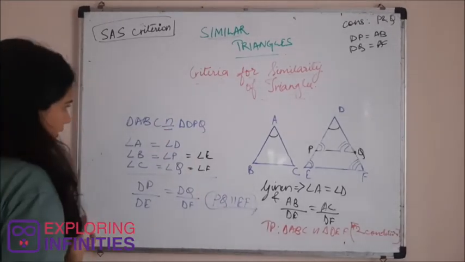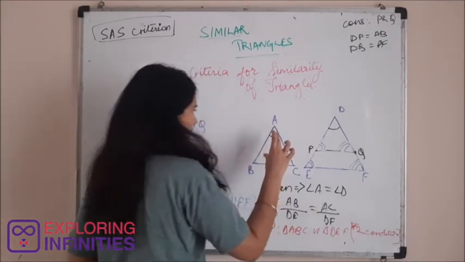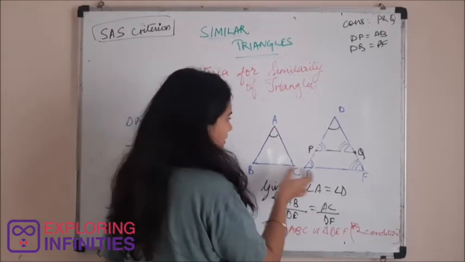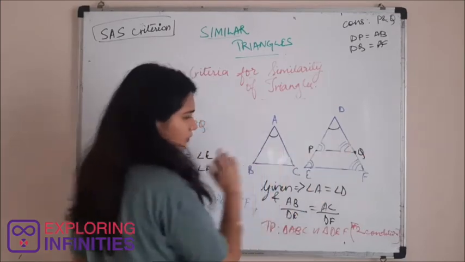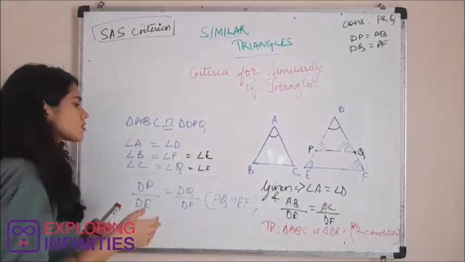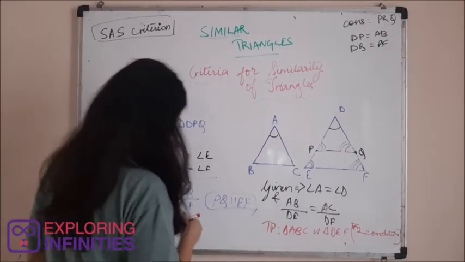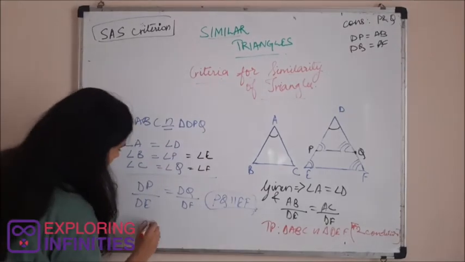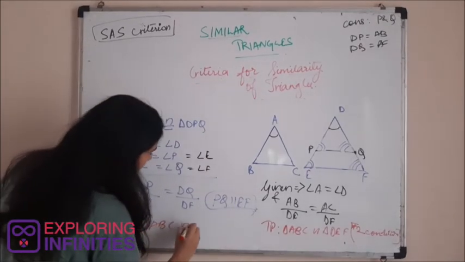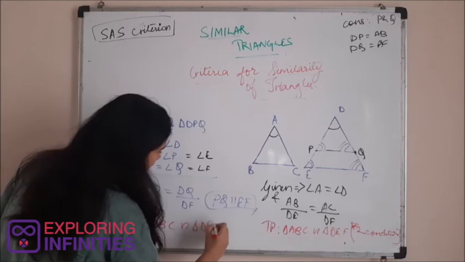For the second criterion, we have our corresponding sides. Similarly, you can say BC divided by EF is also equal to that. So with that we can state that triangle ABC is similar to triangle DEF.